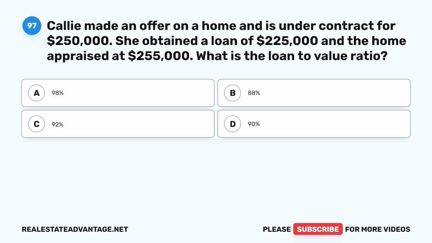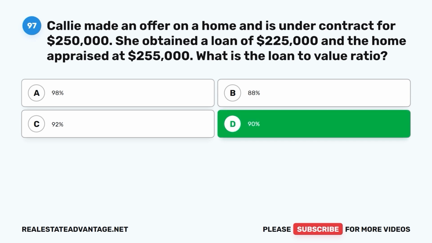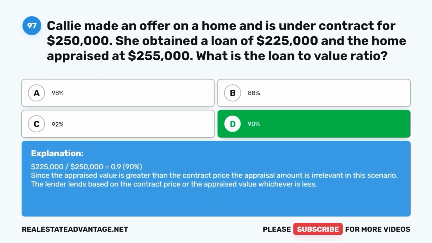The correct answer is D. 90%. $225,000 divided by $250,000 equals 0.9, 90%. Since the appraised value is greater than the contract price, the appraisal amount is irrelevant in this scenario. The lender lends based on the contract price or the appraised value, whichever is less.